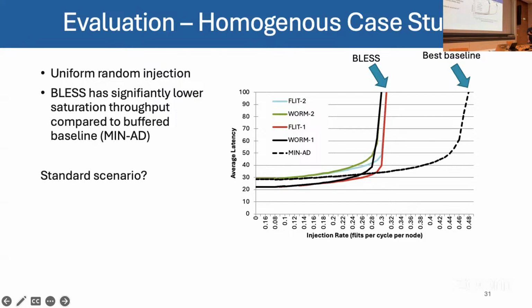There are also evaluations in the paper about package latency, and this basically shows the same. The average latency doesn't go up that much for packets and also for flits up to a certain point, and then it skyrockets. So the average package latency and the average latency in general network traffic show the same behavior.